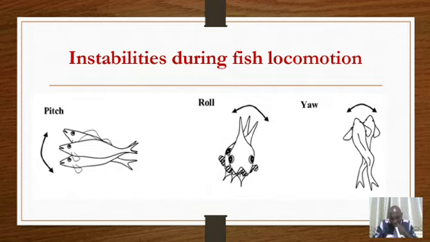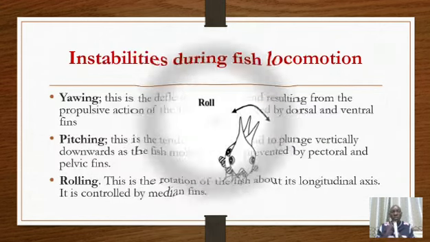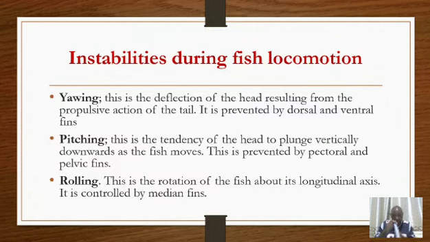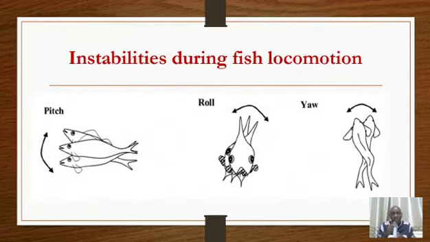So in so doing, the fish would do that, and that would destabilize it. So it is supposed to locomote freely, to swim freely, but there is that force that causes it now to have the head pushed down. If this is the head, this side, to have the head pushed down, plunged downwards as it moves. That is what we are calling pitching. The head getting plunged down.